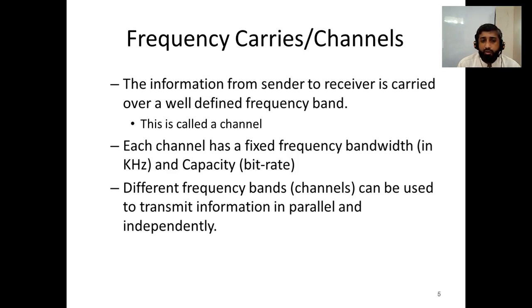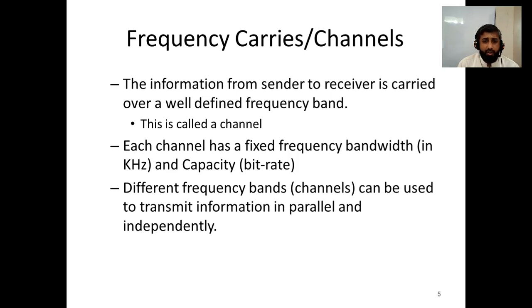Let us move on to our topic. Our first aspect is what a channel is. As I said, the medium that is being used in wireless communication is free space. So how do we characterize a channel?